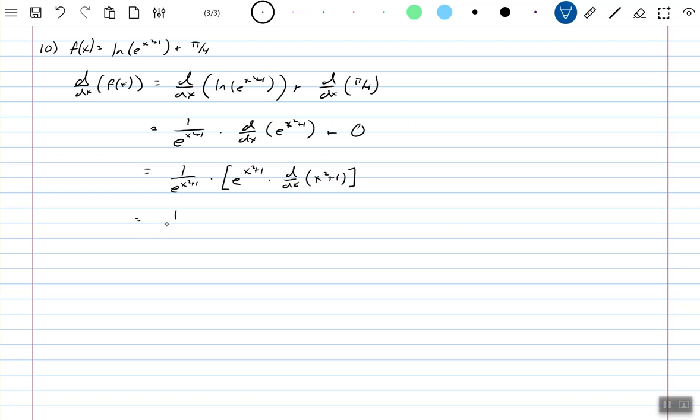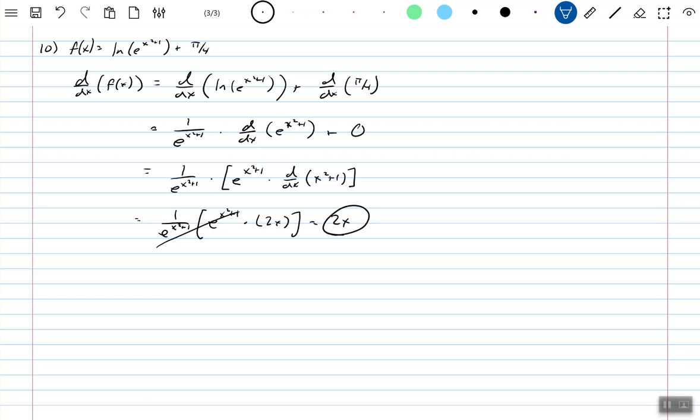Now that just becomes 1 over e to the x squared plus 1 times e to the x squared plus 1 times the derivative of x squared plus 1, which is just 2x. Now notice we have e to the x squared plus 1 divided by e to the x squared plus 1. So those terms are going to be canceled, and we're going to be left with 2x. And that is our answer.